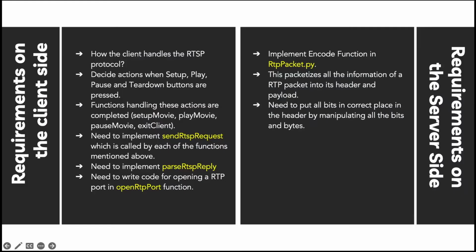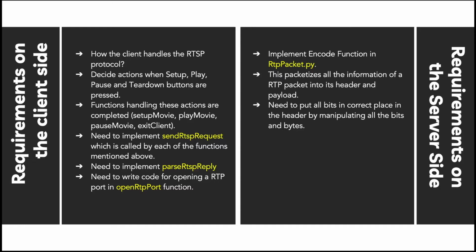Moving forward, now we are going to talk about the requirements that we need to complete on this project. First, we will see what we need to complete on the client side. The RTSP protocol we need to complete on the client side. Also, the send RTSP request function, parse RTSP reply function, and open RTP port function we need to implement.